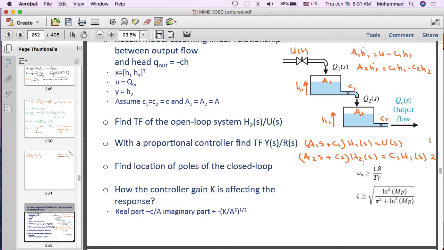Our transfer function is a relationship between input U and H2 as output. So we have to combine these two equations algebraically, which is now easier since there is no differentiation, to get rid of H1.